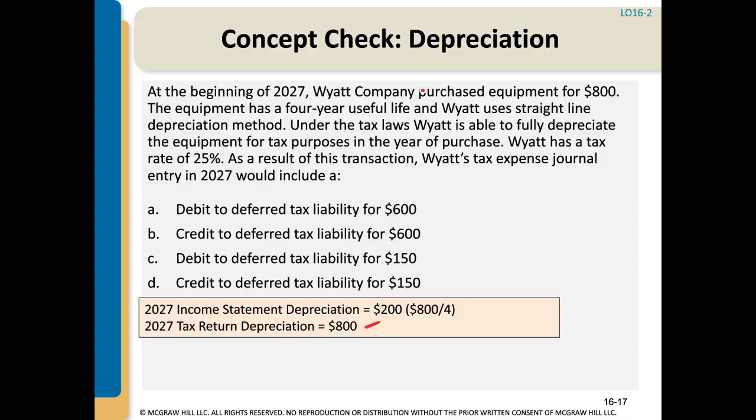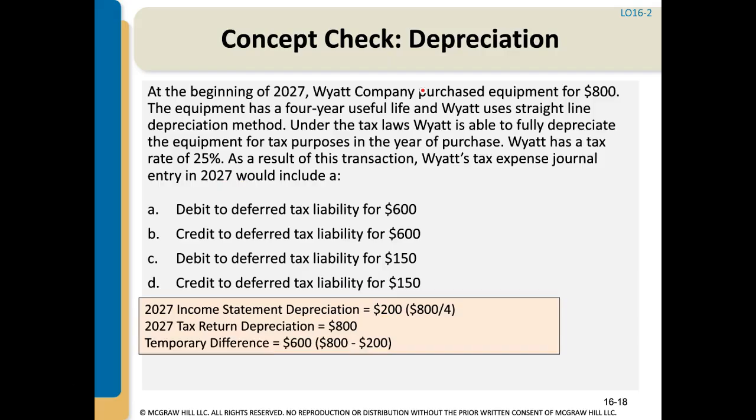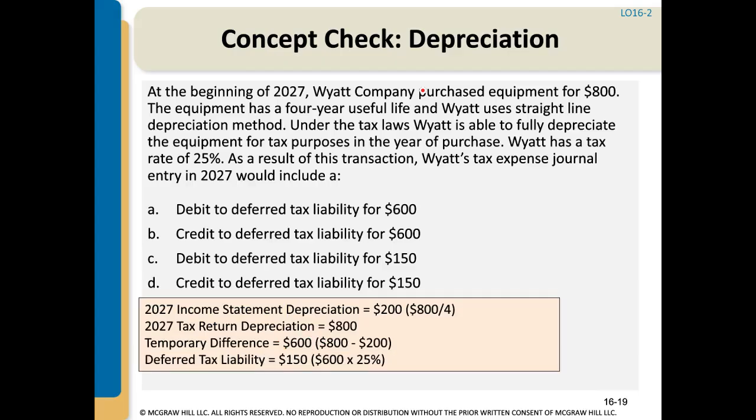For tax, we get to take that full amount in the current year of 2027, which results in, we've accelerated now $600 of depreciation into 2027 for tax return purposes, which means we're going to be taxed in the future on $600.